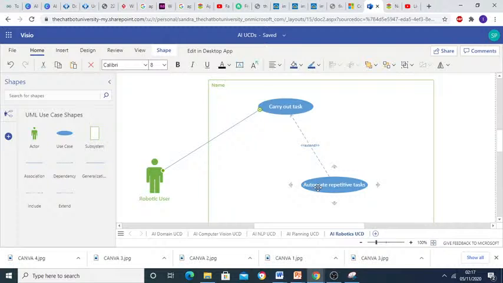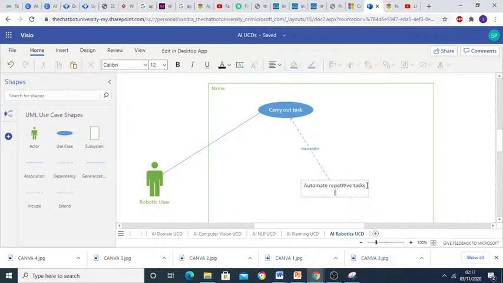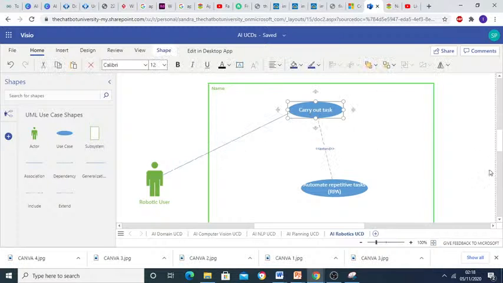It becomes a task that is a repetitive task. I think what I will also do here is to add RPA so that you can make that distinction. So this is going to be an extremely simple use case diagram, but it's quite a key use case diagram as well.